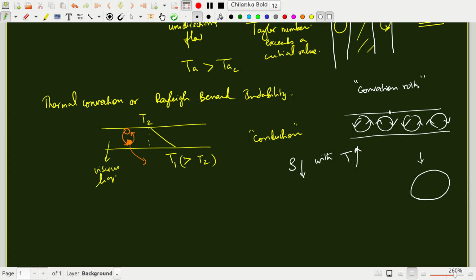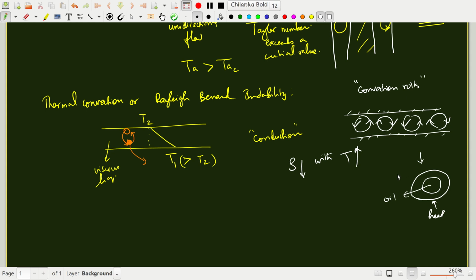And this is slightly different from this problem. Here the fluid is bounded by rigid walls on both sides, whereas there the bottom is the pan, where you are heating, and you put a thin layer of oil, and then you sprinkle some pepper powder, and you'll see nice patterns upon heating.